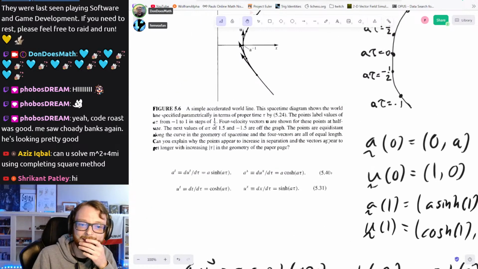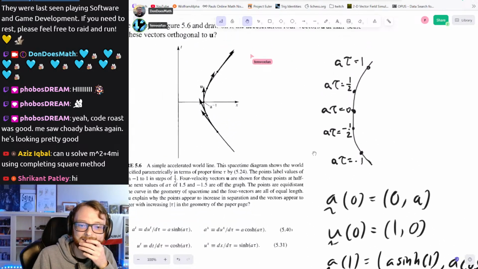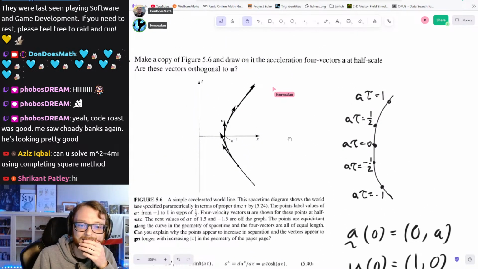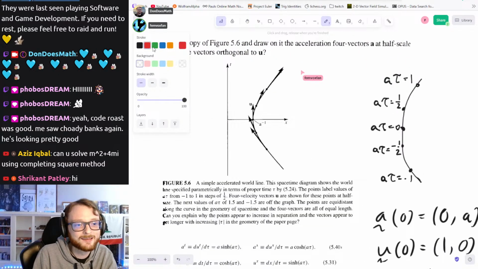It's scaled by A. Do you think it will look orthogonal? Hmm. It doesn't seem like it, because we don't have the negative sign that we need. Yeah, right? I feel like it's something like that. Smaller than you. Oh, wait a second now.